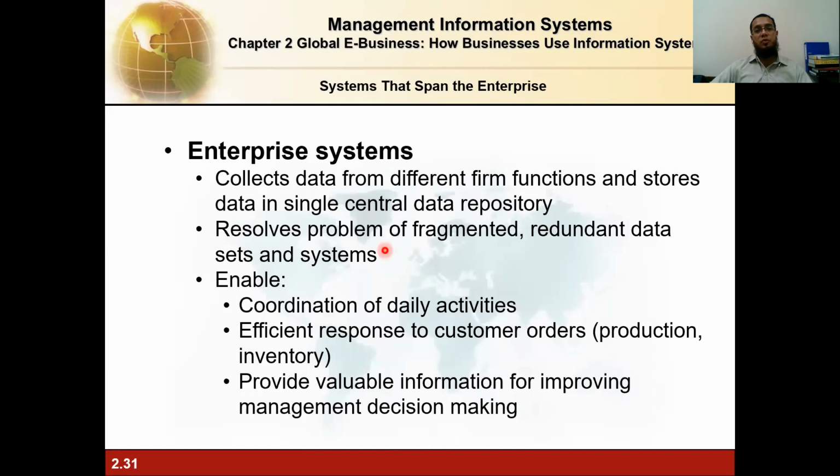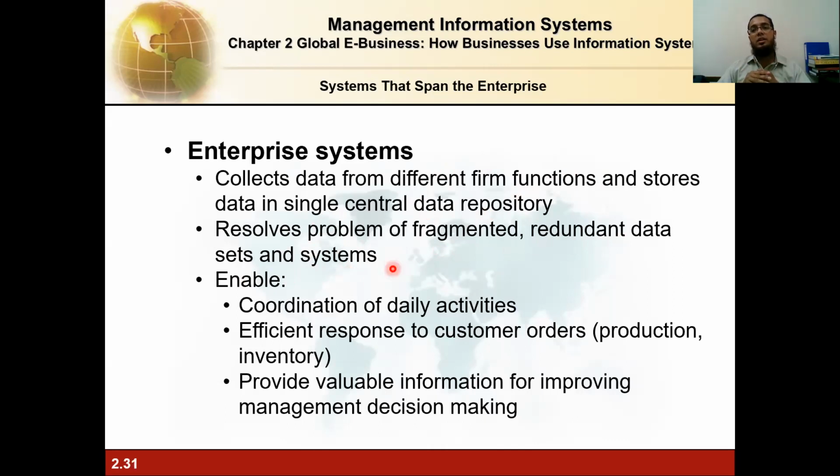Enterprise systems collect data from different firm functions and store data in a single data repository. Let's take the example of Pakistan Tobacco Company. It has different firm functions like accounting, finance, sales, inventory, production planning and control, and logistics, and it's stored in a central repository. It resolves the problem of fragmented, redundant data sets and systems, because the information is stored in a single place.